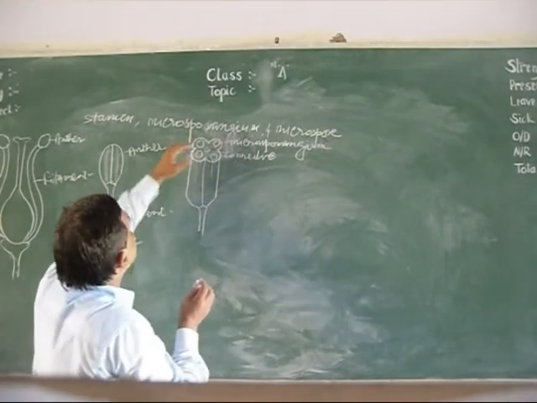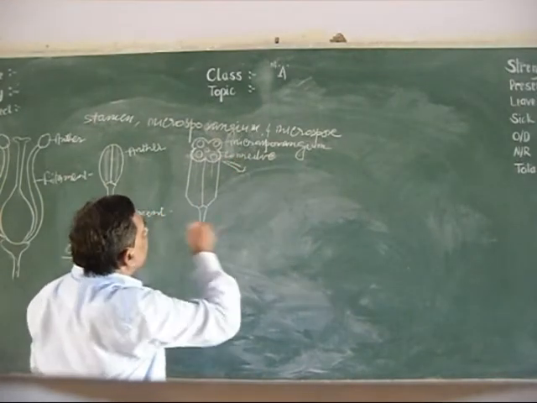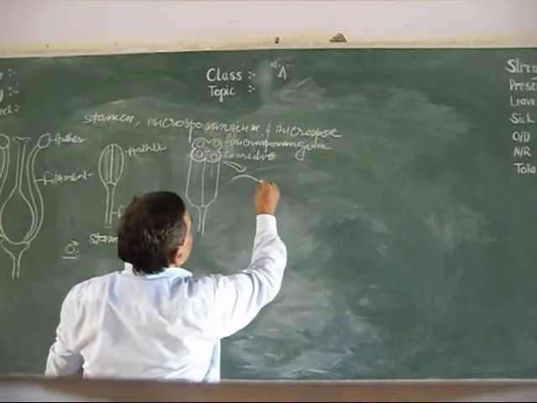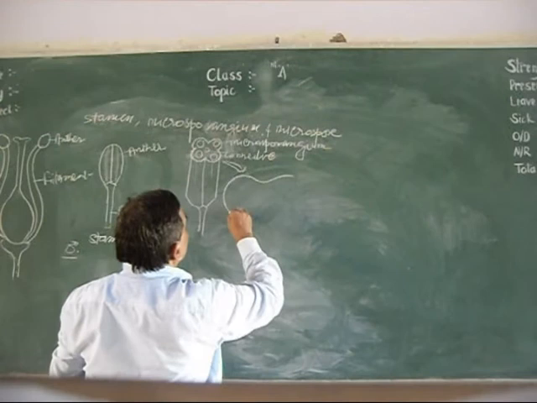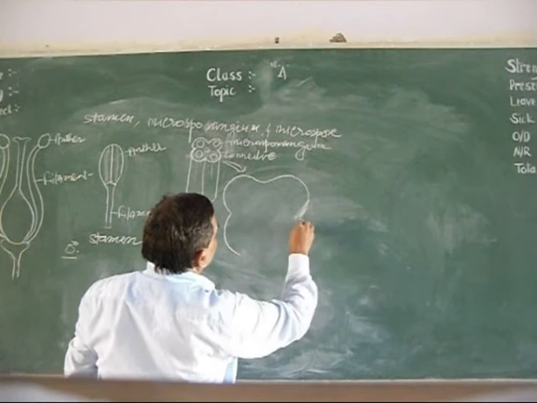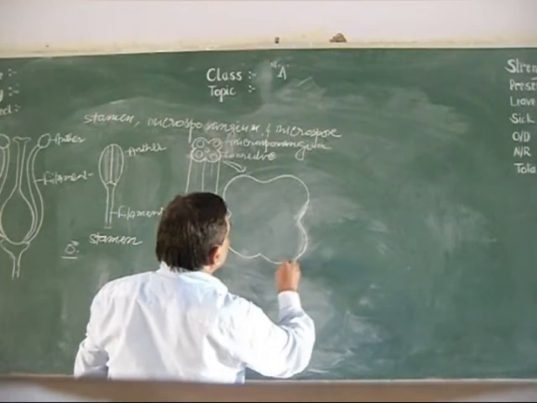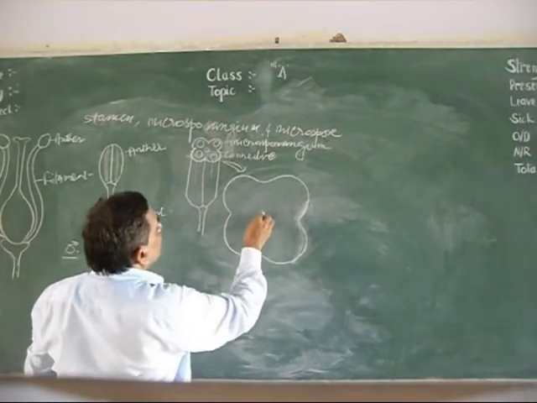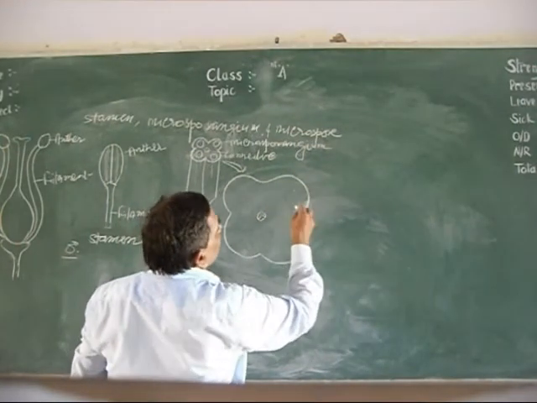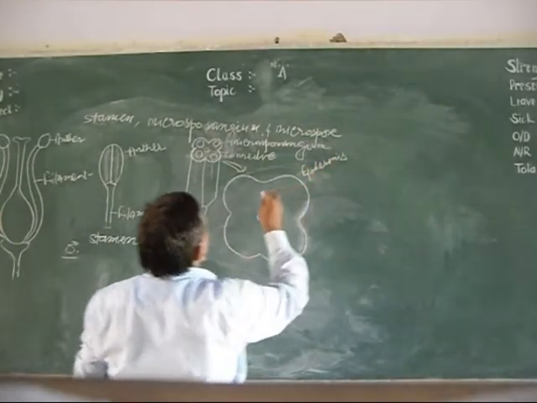If you see the entire structure of this anther, you will find that it contains four layers like this. Here in the central part is the connective. The first layer is called the epidermis.